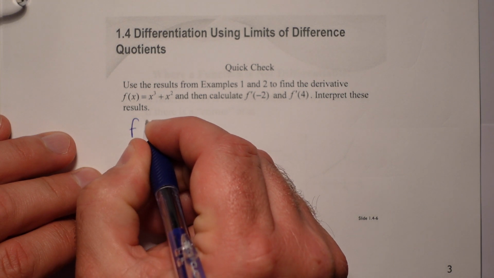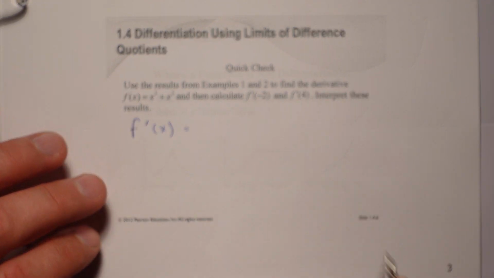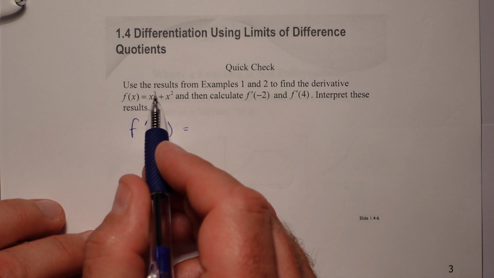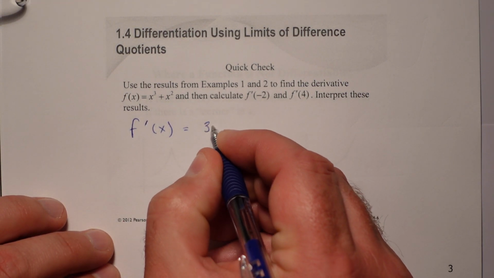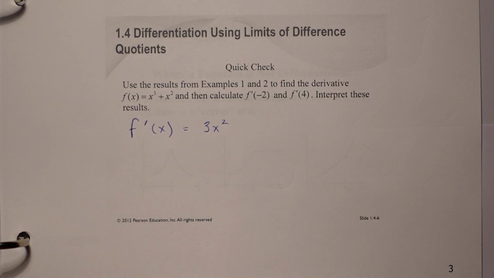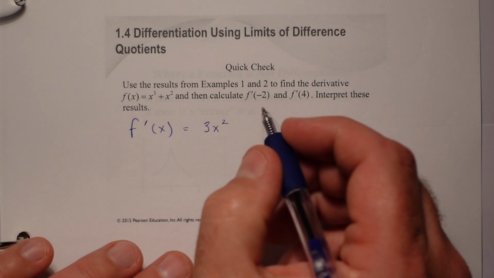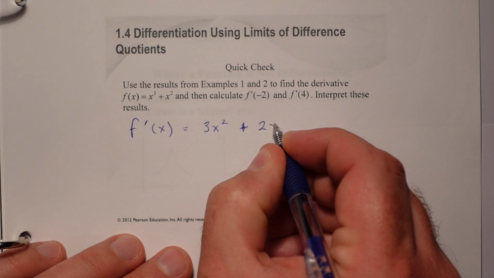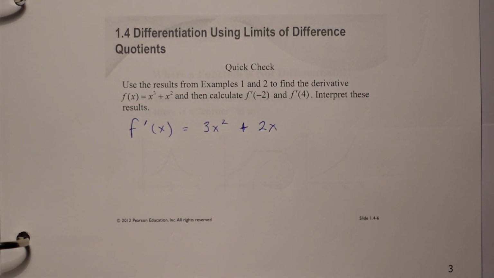If I want the derivative f prime of x of this new function, well, remember, we've already found the derivative for the individual terms. The derivative for x cubed was 3x squared. We got that from example 2. And then plus the derivative for x squared was 2x. We got that from example 1.